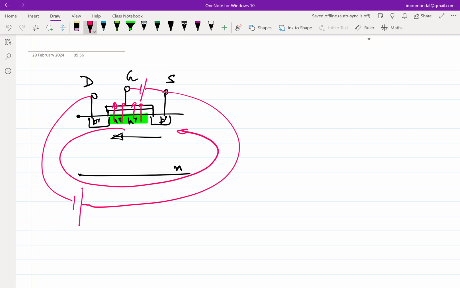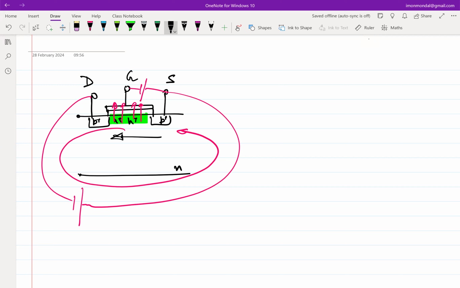That is an extreme case, but in analog applications, for example in the MOSFET usages that we have been doing, we saw that it's not an on-off thing all the time. If I keep on increasing the gate to source voltage, or source to gate voltage, the amount of charge in the channel is going to increase, which means the current is also going to increase. Hence, there is a dependence of the current flow on VGS or VSG.